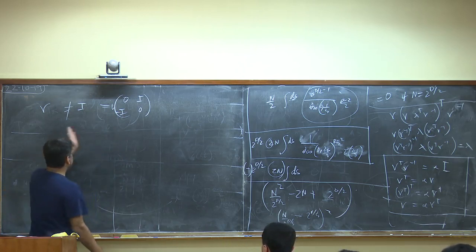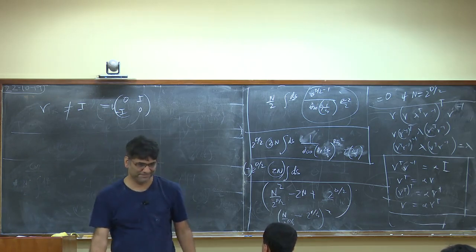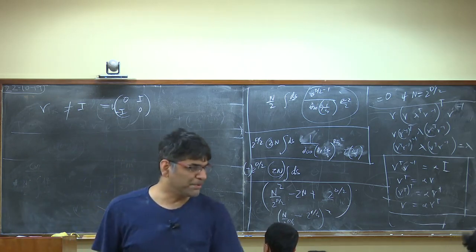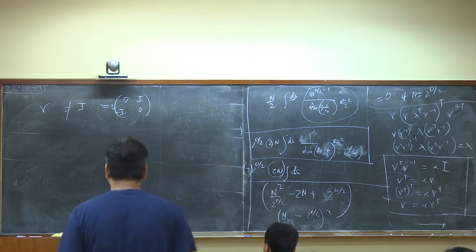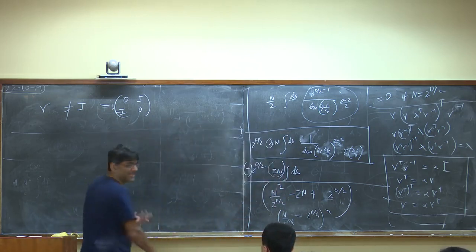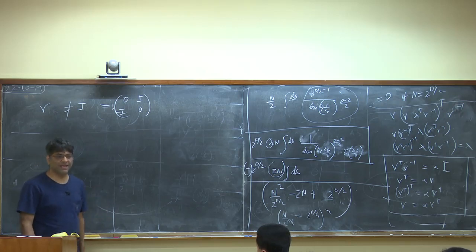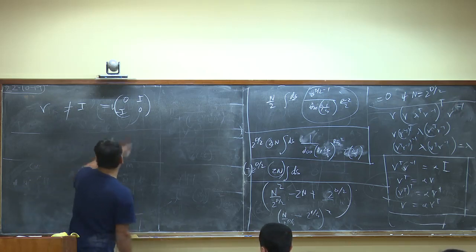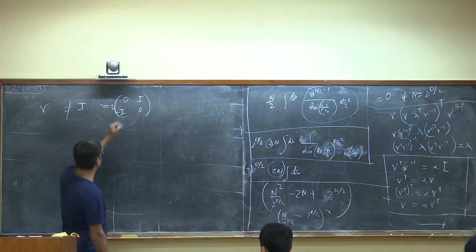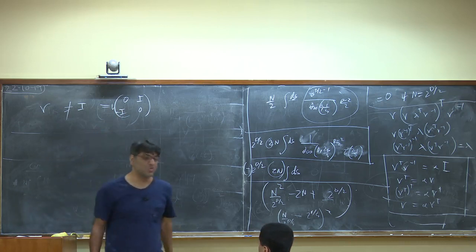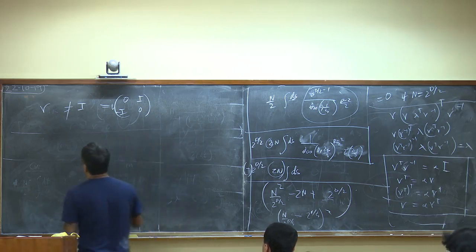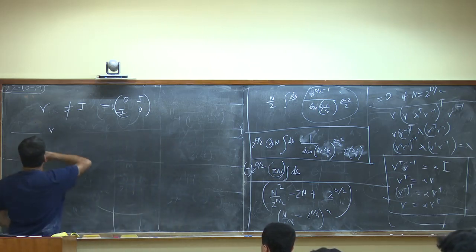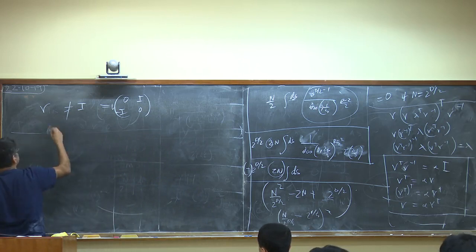So on the oscillators, of course, nothing has changed. The only way things have changed is that they've changed when acting on the Chan-Paton indices. So to understand this, let's first take the particular case of 2, if it's a 2-dimensional thing. So gamma now. What's the action on lambda?